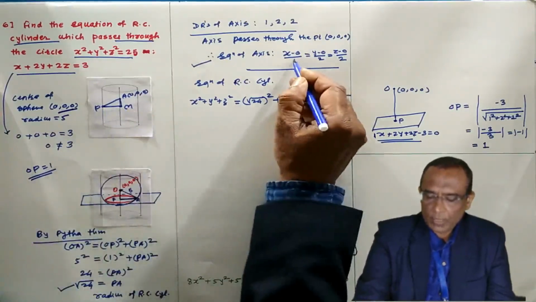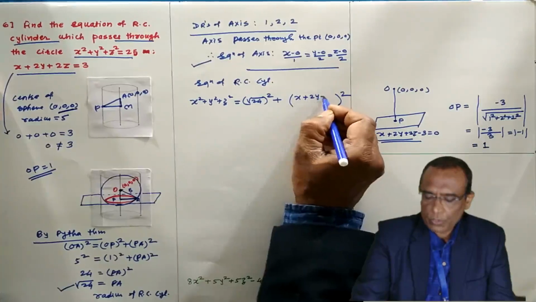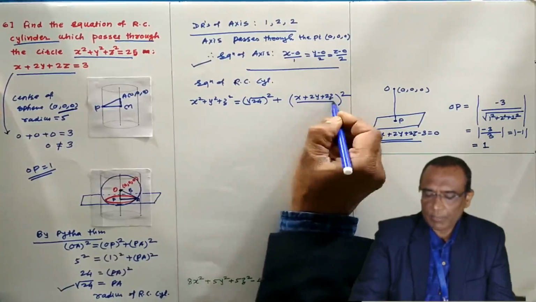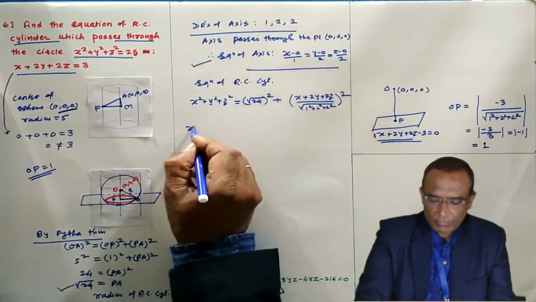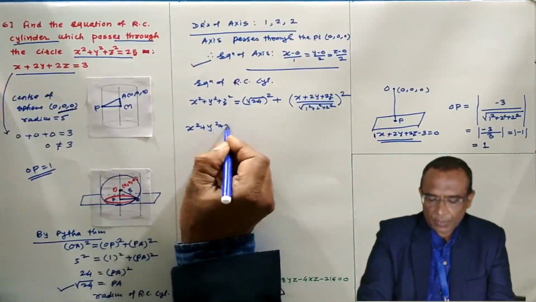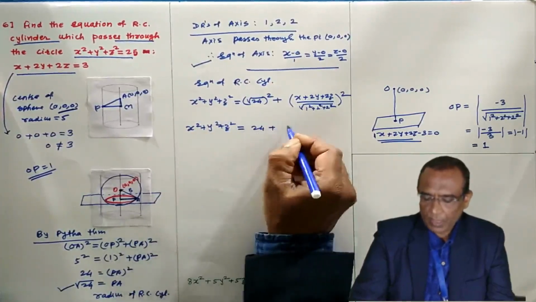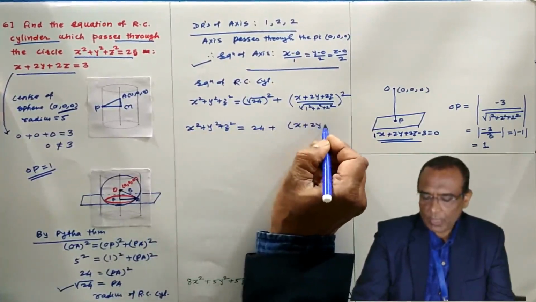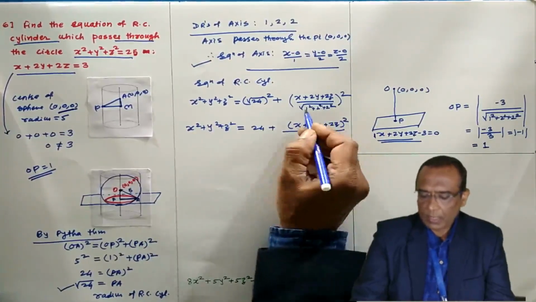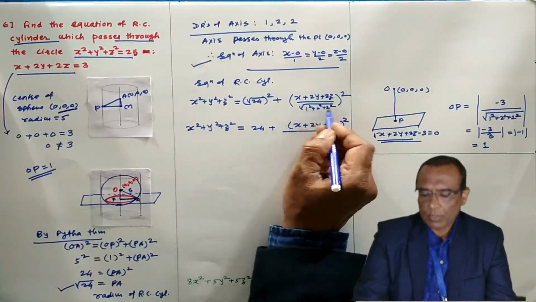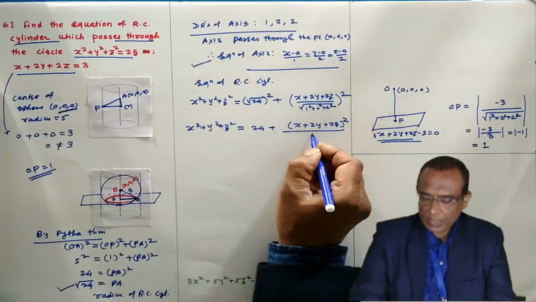So how do you get it: 1x plus 2y plus 2z divided by the square root of 1 square plus 2 square plus 2 square. The left hand side is as it is. The square root of 24 square is 24. x plus 2y plus 2z square as it is in the numerator, and this is the square root of 4 plus 9, the square root of 9, and its square is 9 here.